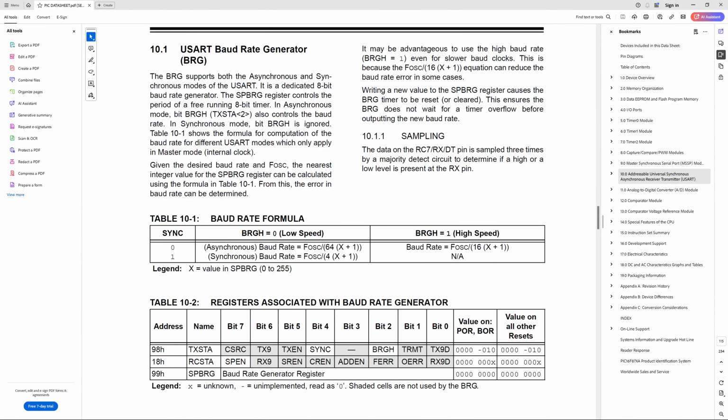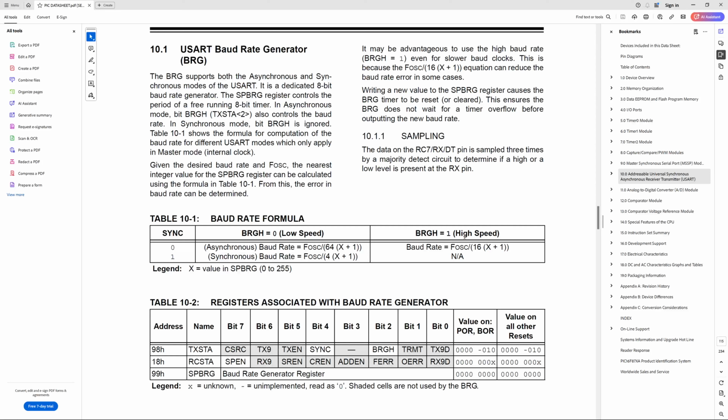So either you keep 0 or 1. The thing that changes is your calculation method. To get a 9600 baud rate, you need to find the value of x. That x you get by using this equation if you keep 0 over there.